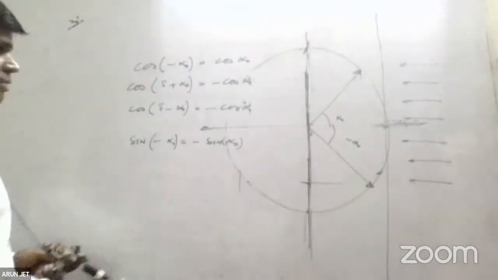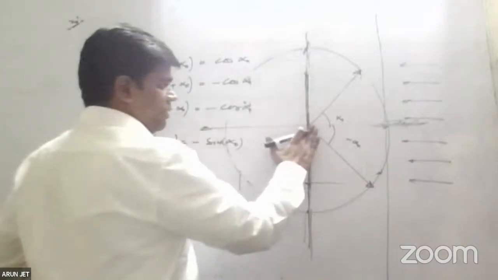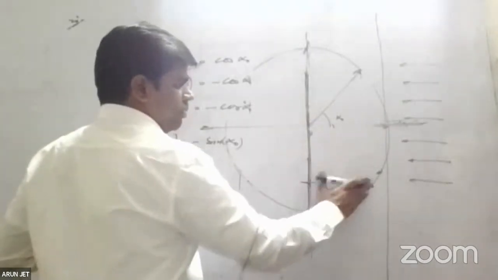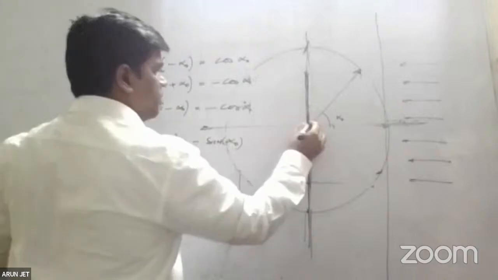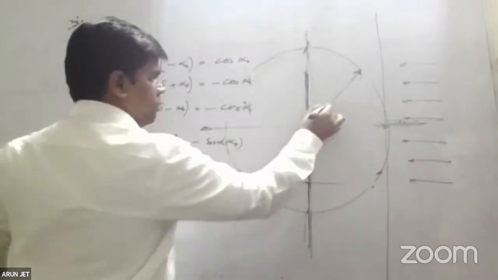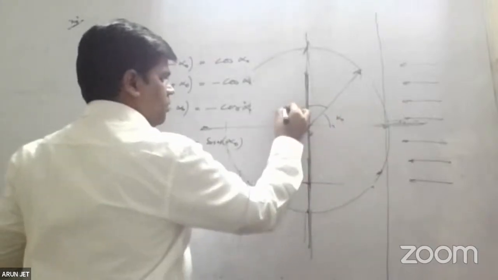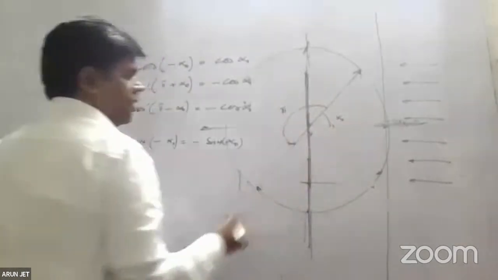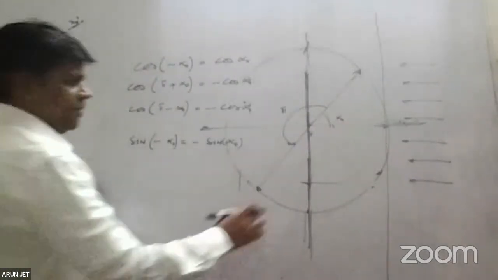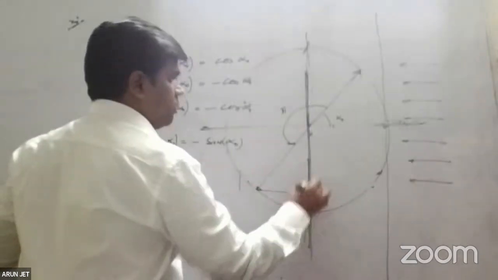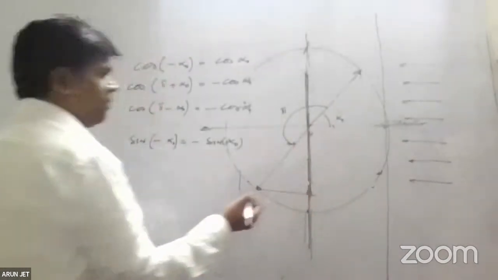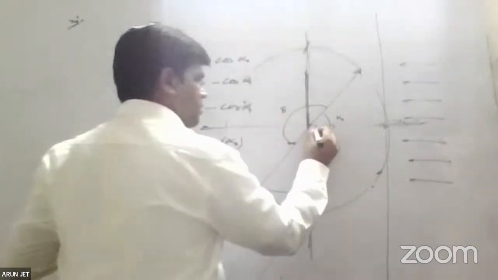All right. Now let's see what is pi plus alpha. So what is sine of pi plus alpha? This is sine of pi plus alpha, this lower length.